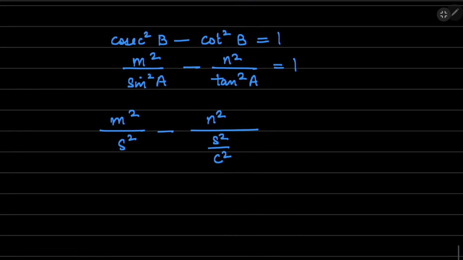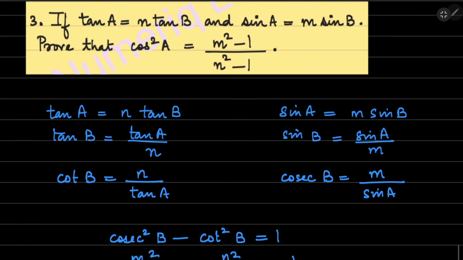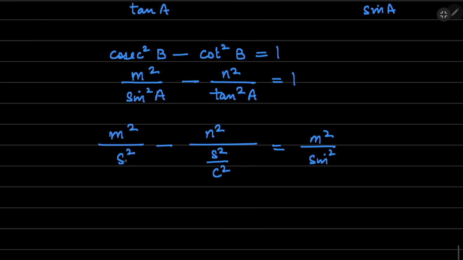Now this is equal to m square divided by sin square A. Let me write it fully: m square minus n square cos square A divided by sin square A. I hope it's clear now. Is it clear?